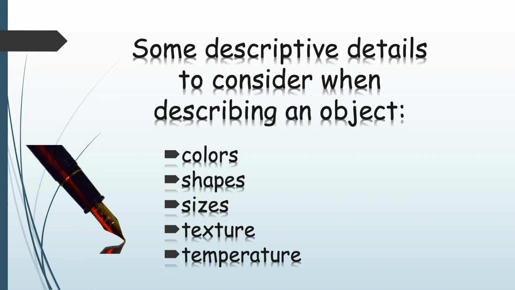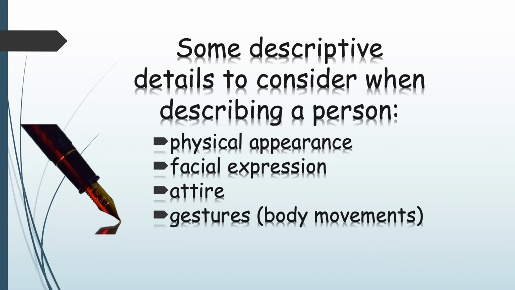Some descriptive details to consider when describing an object: colors, shapes, sizes, texture, temperature. Some descriptive details to consider when describing a person: physical appearance, facial expression, attire, gestures or body movements.